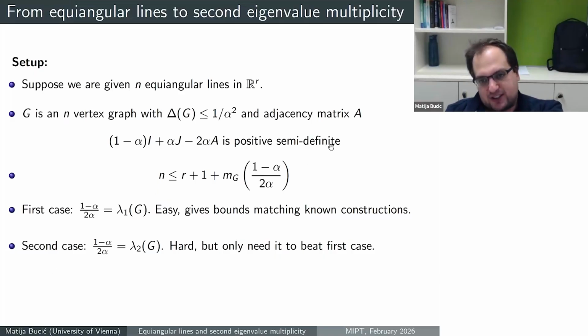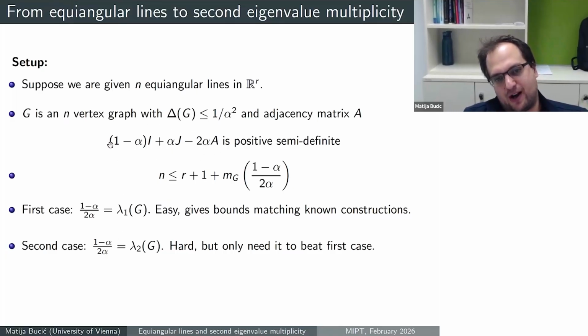And this is where the positive semi-definiteness of the Gram matrix comes into play. If this were a third or lower eigenvalue, then you can take two eigenvectors of larger eigenvalues. You can take some linear combination of them to make them orthogonal to the all ones vector, and then evaluate the quadratic form defined by this Gram matrix here, and you'll get something negative, which is a contradiction to positive semi-definite.